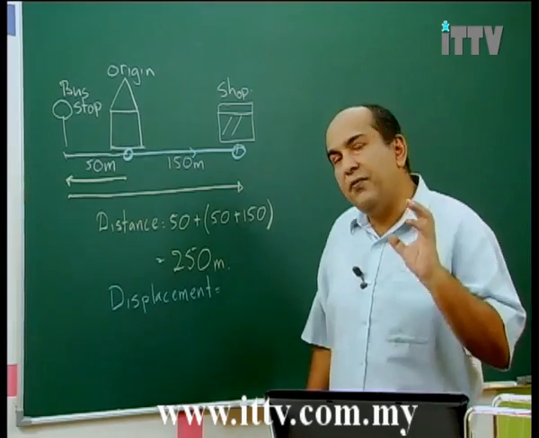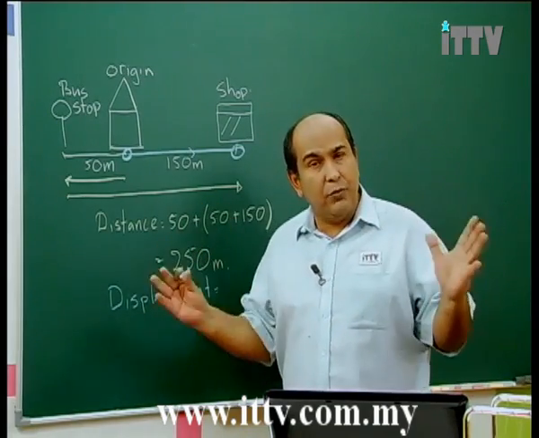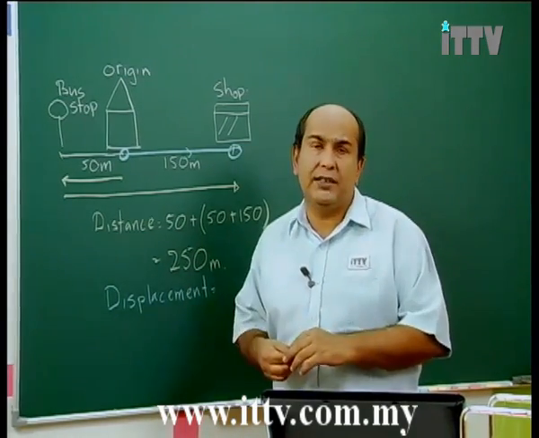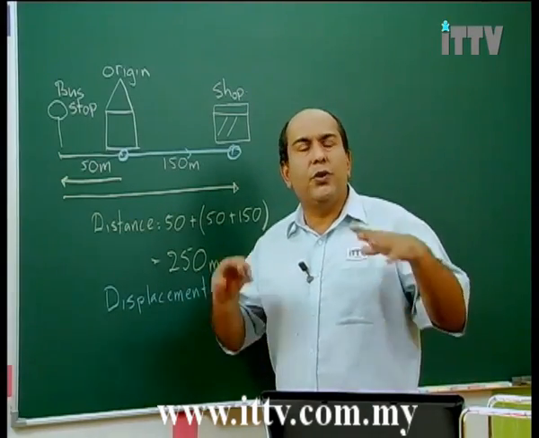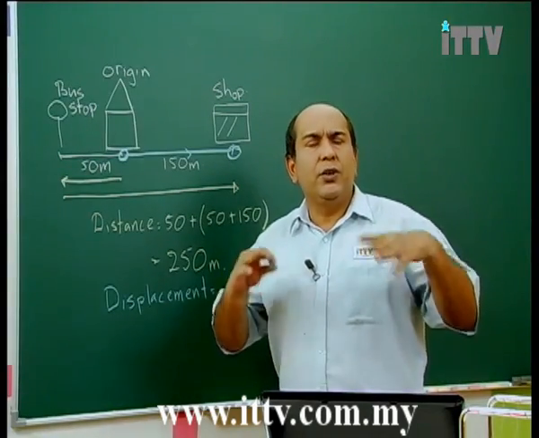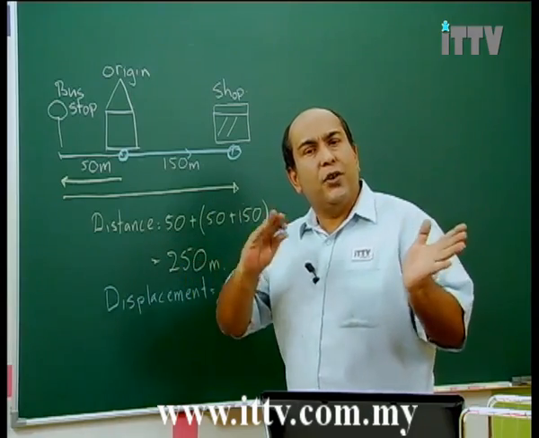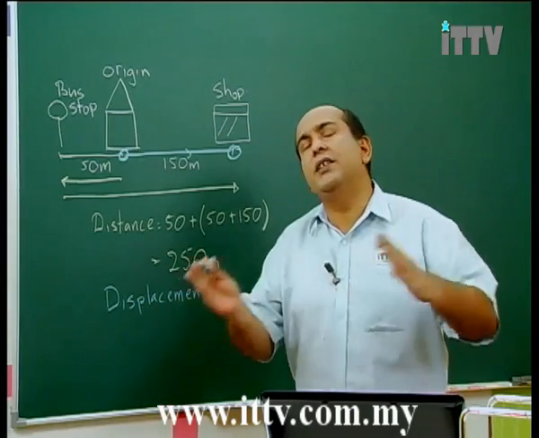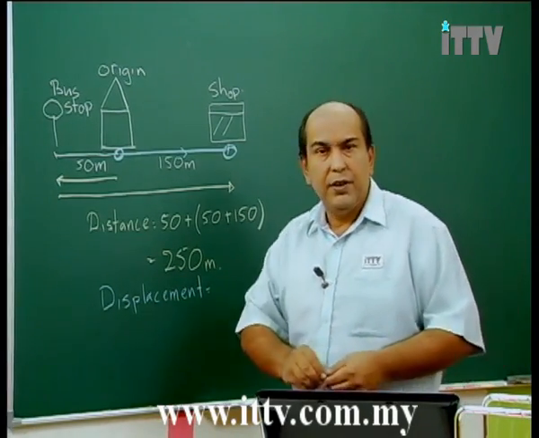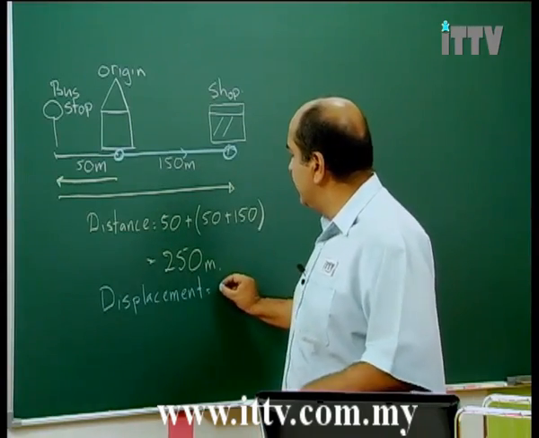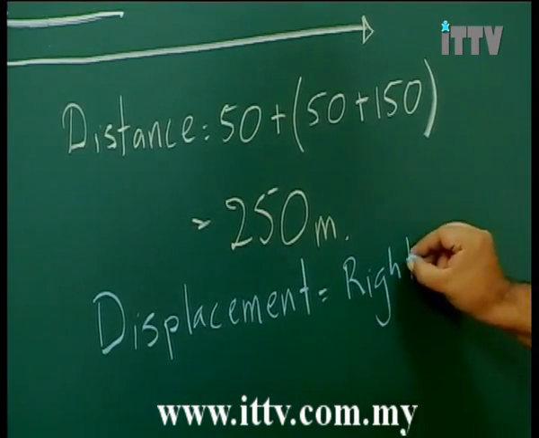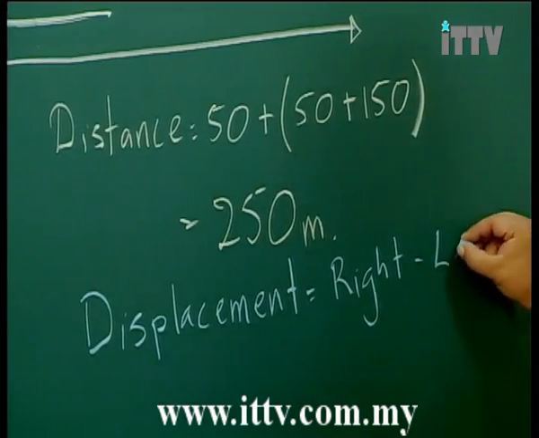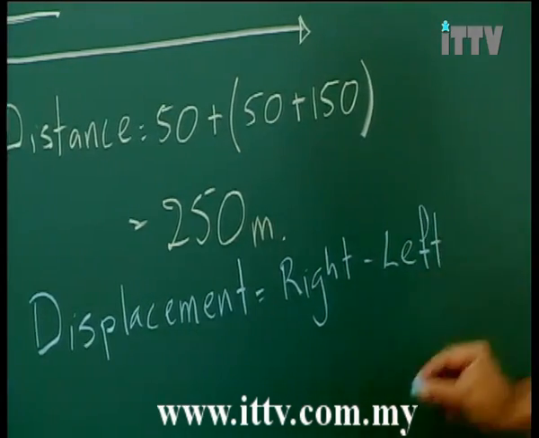So your displacement equals just the final distance that you moved from your origin to your new place. But you need to be able to calculate it. So what we do is a very simple calculation, which is the total distance to the right minus the total distance to the left.